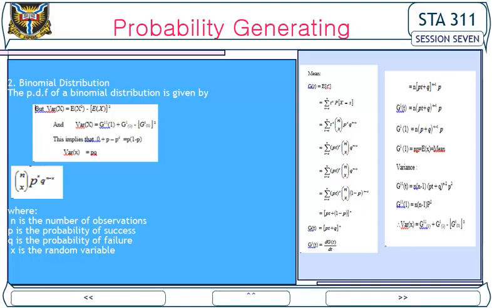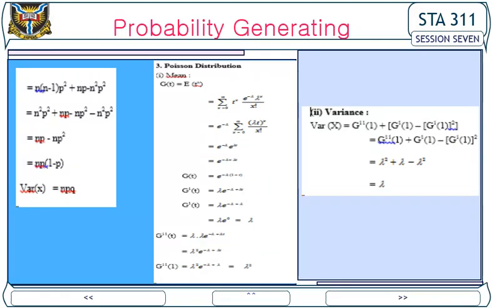The mean is equal to G'(t), which is G'(1), and this is the mean. The variance of X is equal to npq.